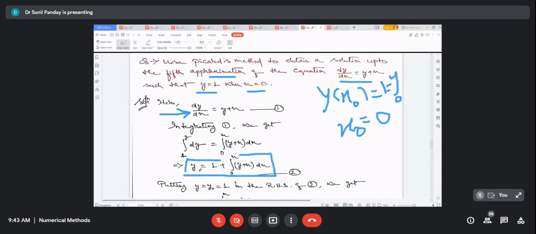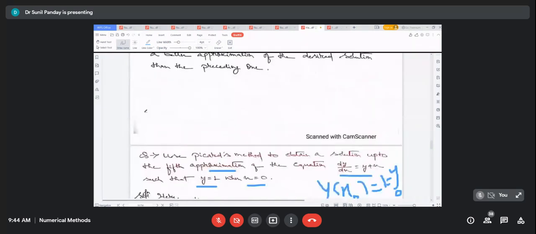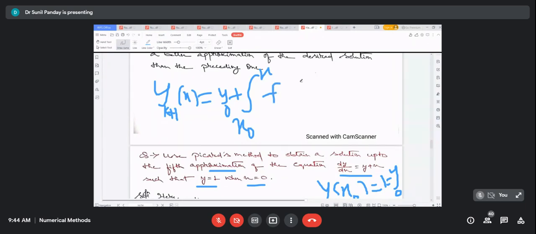Now, instead of this, we write an iterative procedure like this: y_{k+1}(x) equals y naught plus the integral from x naught to x of f(x, y_k(x)) dx.